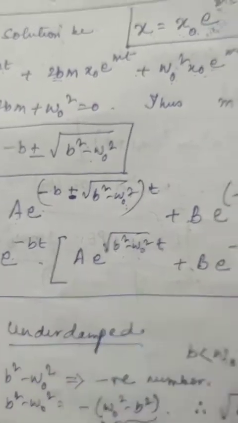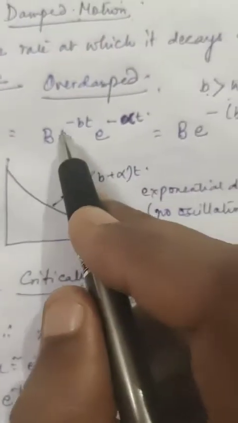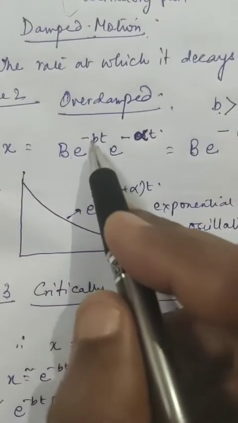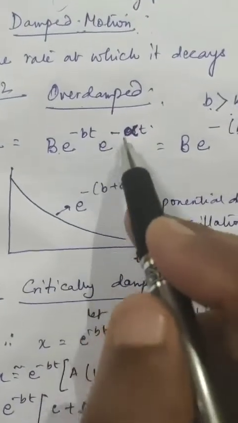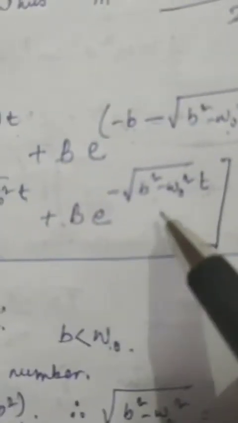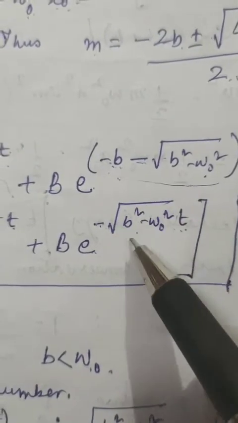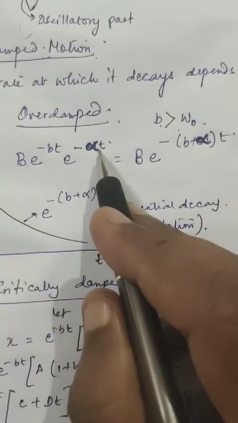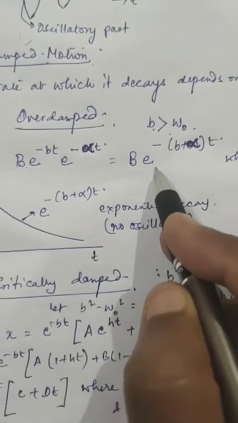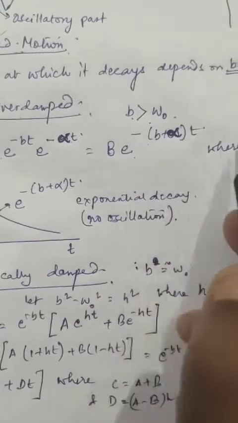E to the power of minus Bt is there. So you have only the constant, e to the power of minus Bt, and e to the power of minus alpha t, where alpha is root over B square minus omega naught square. So you have B e to the power of minus (B plus alpha) t.